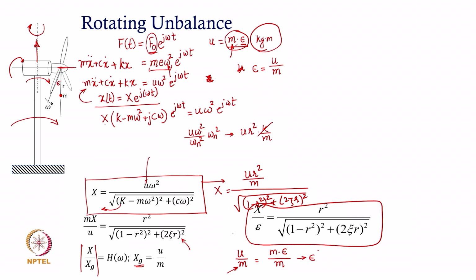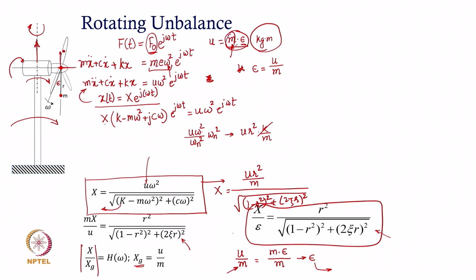Okay. So, x over epsilon is equal to this expression, provided that you are talking about this epsilon as the one which you obtain by offsetting the entire mass of the rotor from the rotational axis. Okay. Sometimes if you have found out this unbalance, I might use a larger epsilon and put a balancing mass of a smaller value than this m, which is the system's or rotor's mass.